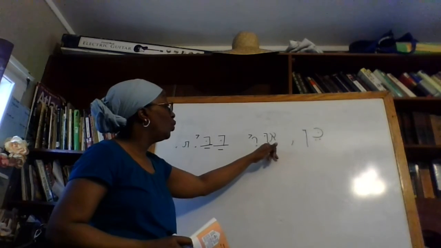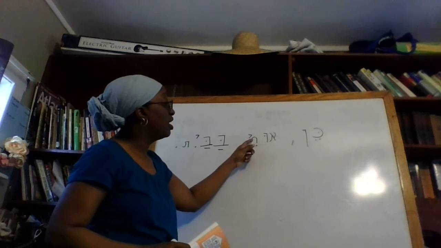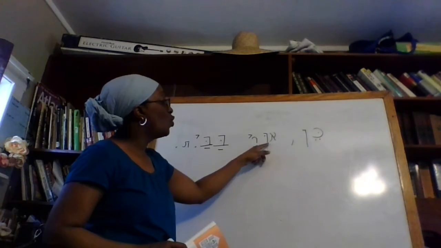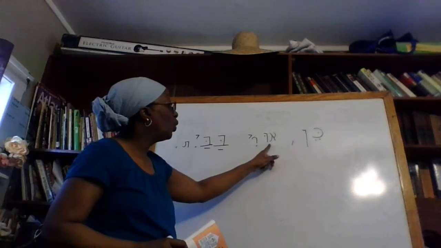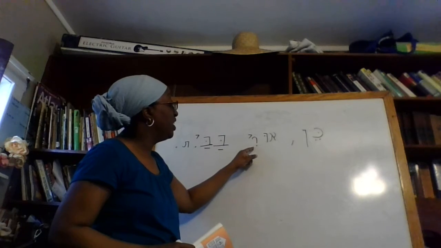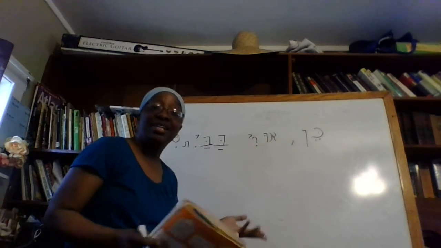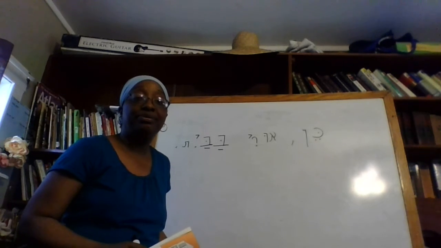So oo, and then the resh with the ee, ree. Oo, ree, Uri. I'll do that again. Oo, and then the resh with the ee, ree, Uri. That's a child's name, Uri.